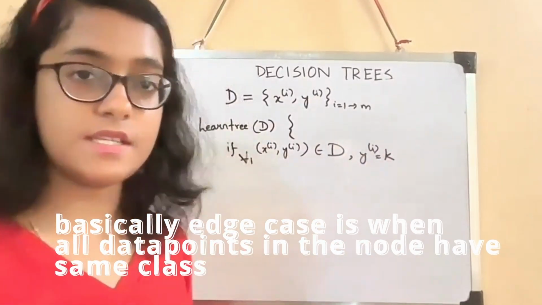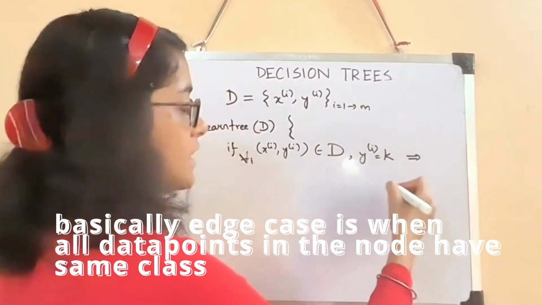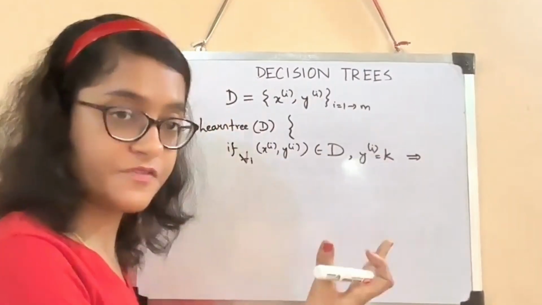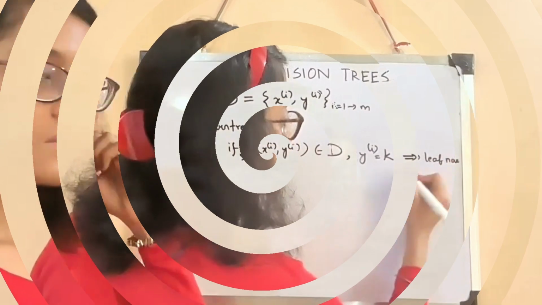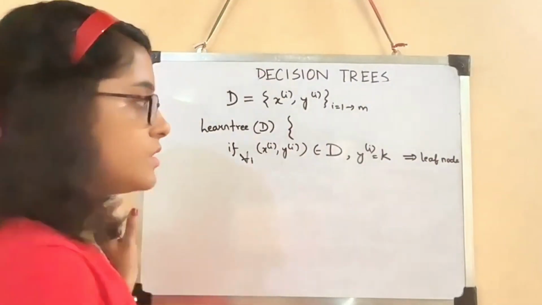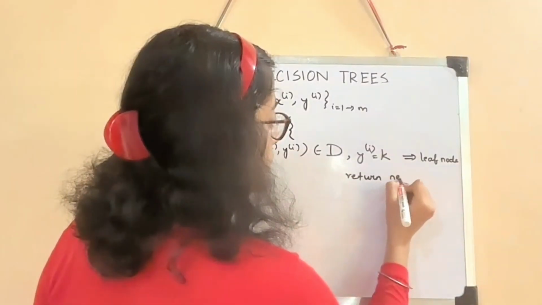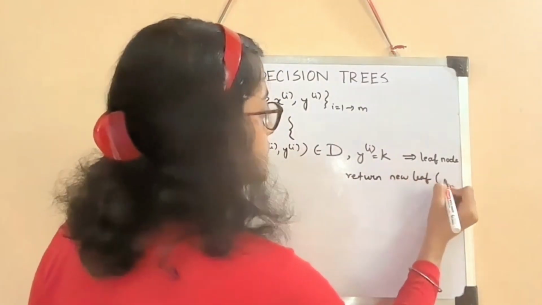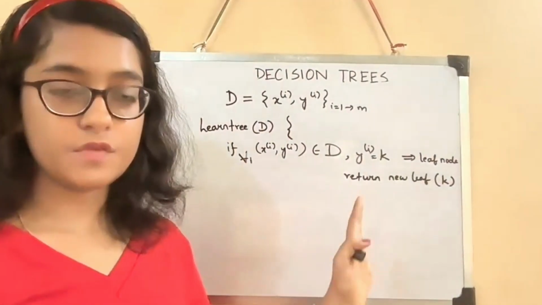So now we know that this is an edge case. So this is going to be a leaf node. So return new leaf. Okay. This is an edge case that we have. Get this out of the way.